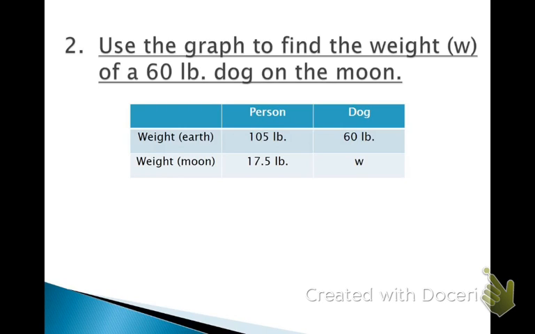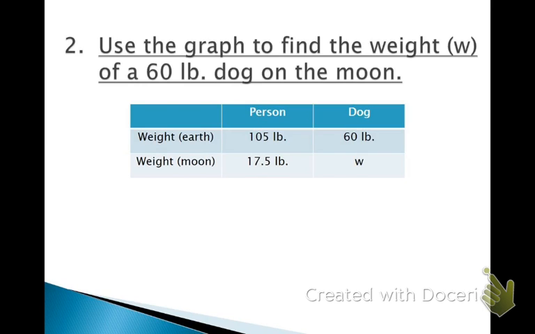The first one is going to be 105 pounds over what? 17.5 pounds. Okay, you could put the units there, but you just need to make sure when you do your final answer that you've got those units there.